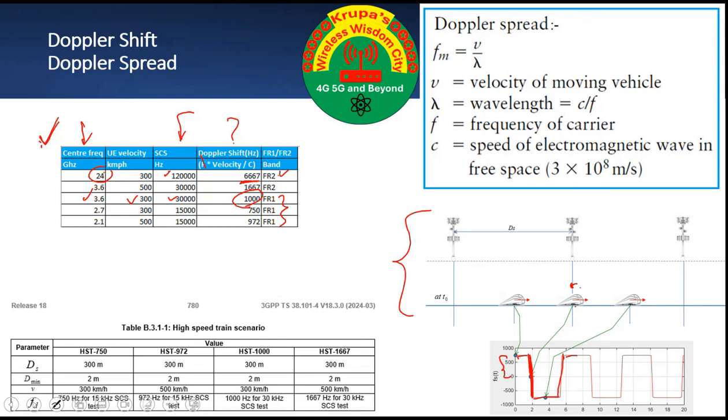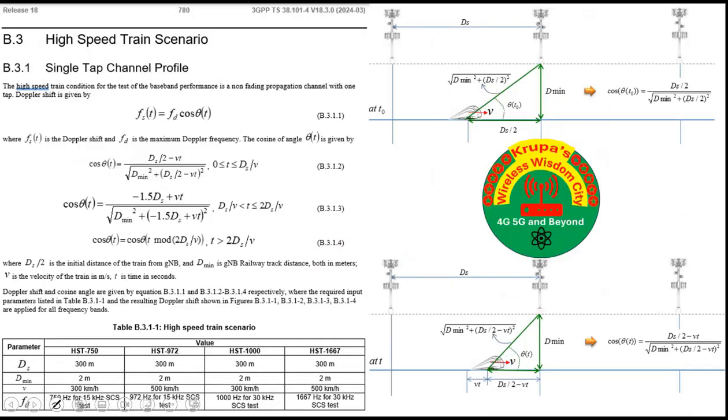That is where the Doppler shift is 0, and I will connect this to the next 3GPP criteria, which will explain why it is 0. When it is going away, it again increases, becoming the highest number on the negative side. You will appreciate it in the next slides where I will explain the details.